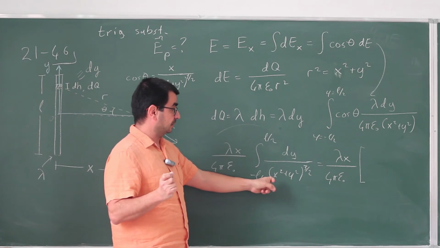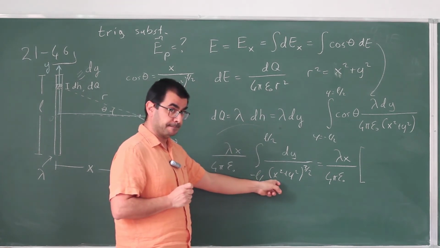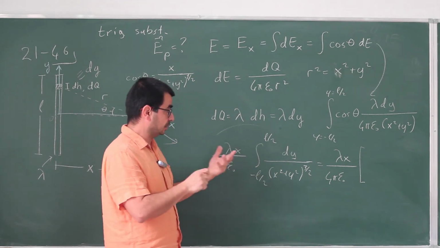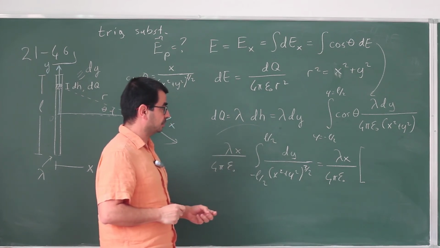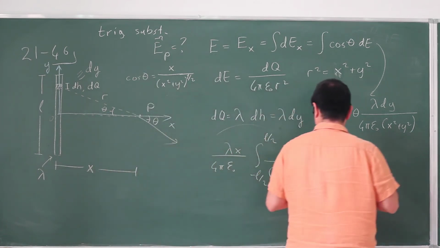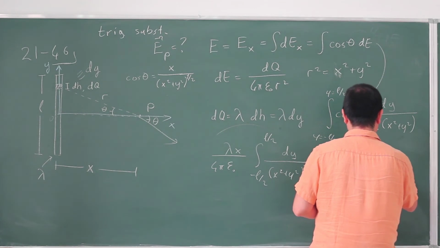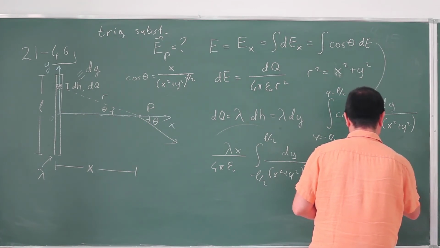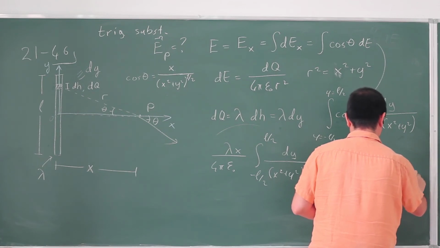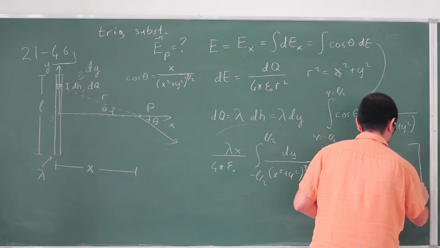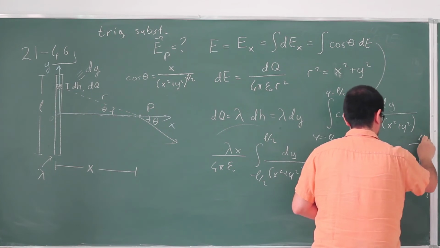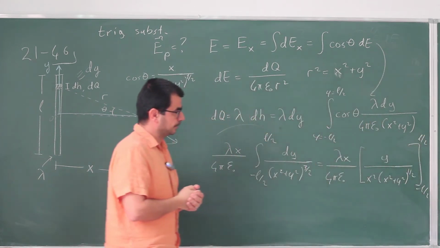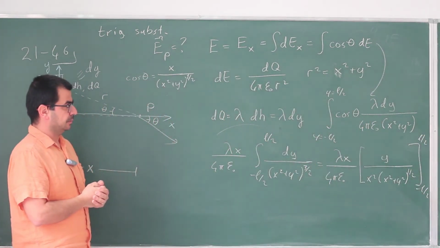The constant given in the book is a, and x is the variable. So you need to really make a substitution for this to work. But if you do it correctly, what you're going to get is y over x squared plus y squared to a half, from minus L over 2 to L over 2. This is the result that you get.